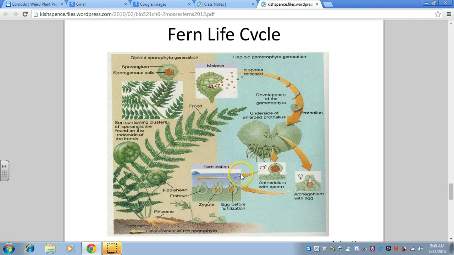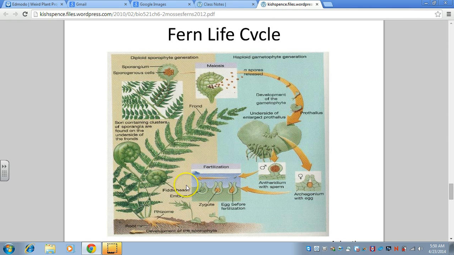So as long as there's some water, so rain or dew, that falls on it, then the sperm can swim to where the egg is. And so up out of the female part, so up out of the archegonium, we'd have fertilization inside of there to form the zygote. And then it'll start to undergo mitosis, becoming the embryo.